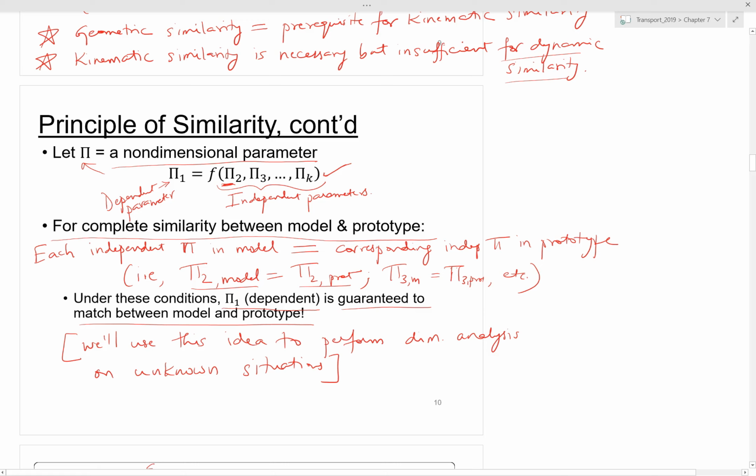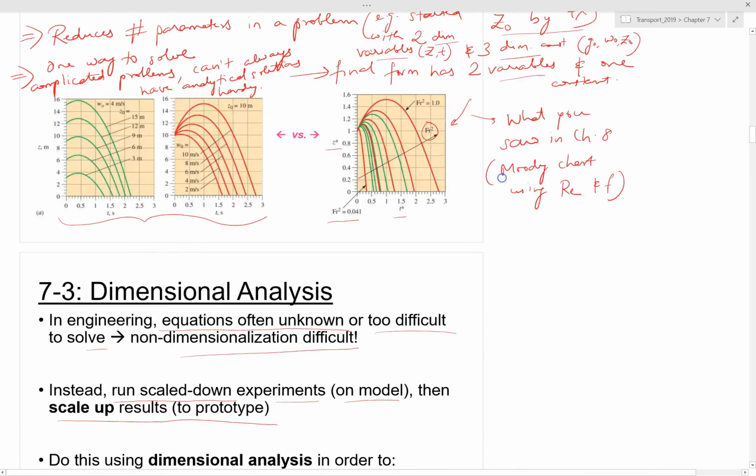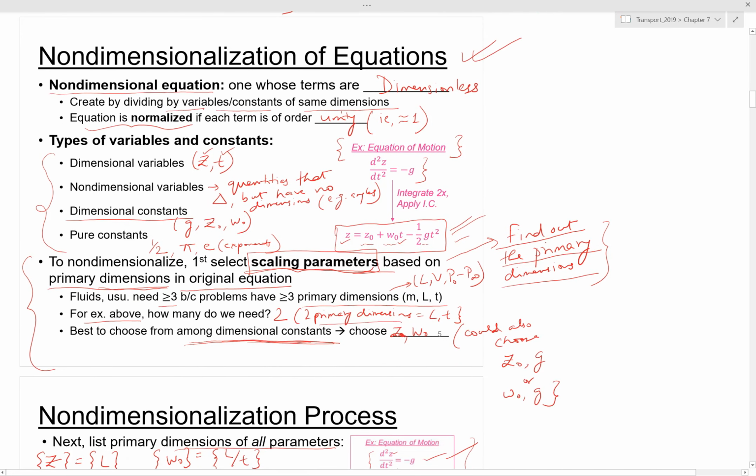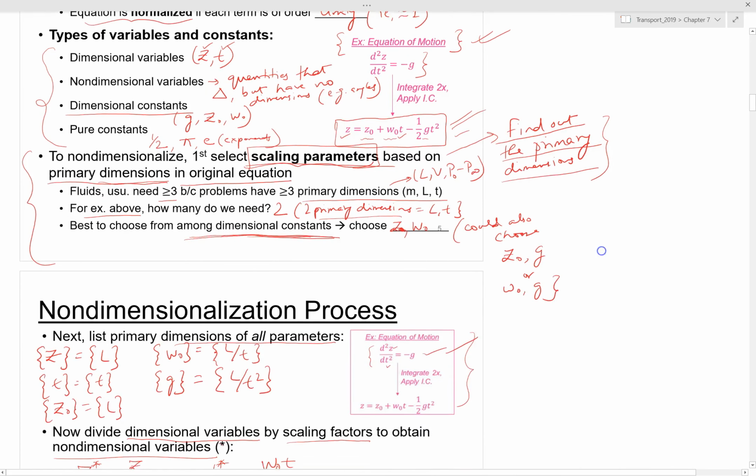First is the technique we saw. Basically target your primary dimensions, and from there you go about non-dimensionalizing an equation. So that is what we saw here, right? This slide is important, and how we solve the equation of motion.